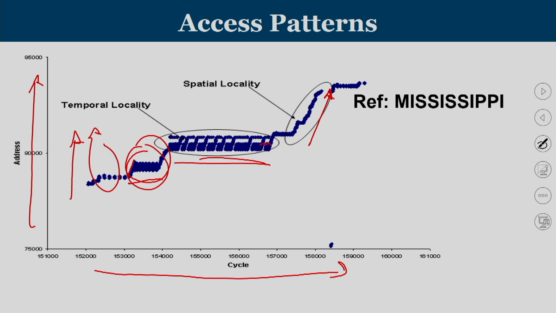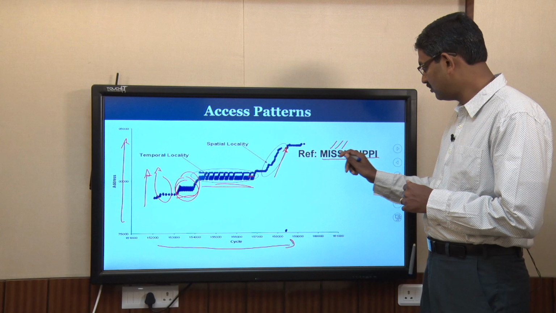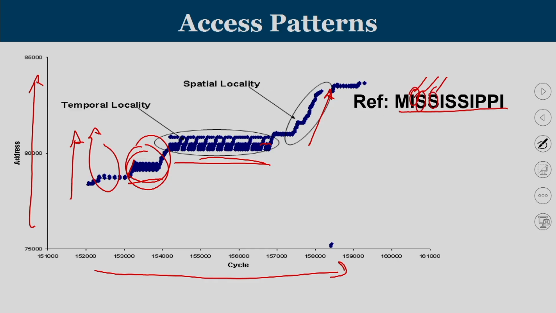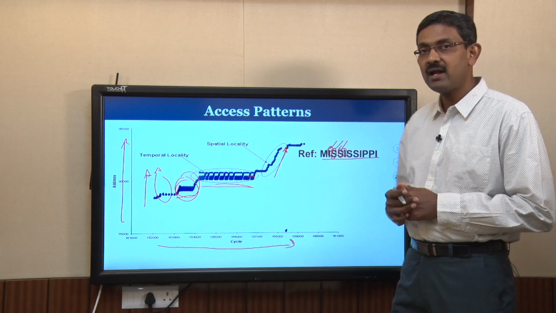So, consider this example. Let us say all these English alphabets correspond to an address. In the word Mississippi, many times I and S are being repeated. So, a word that is accessed once is being re-accessed again. So, when we are going to access this particular English word, these letters which are accessed once will be there in your cache memory.